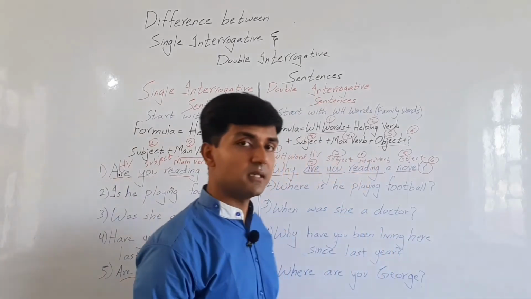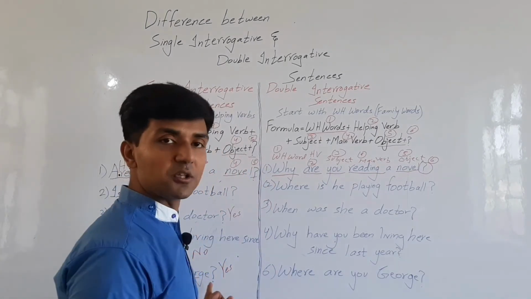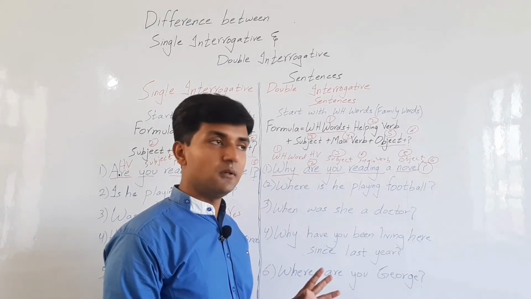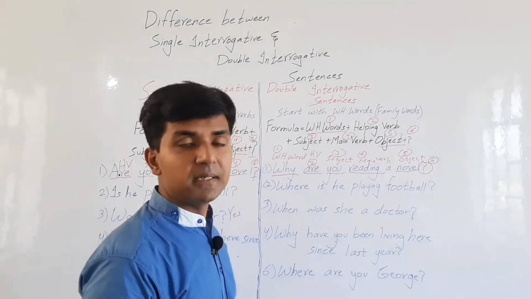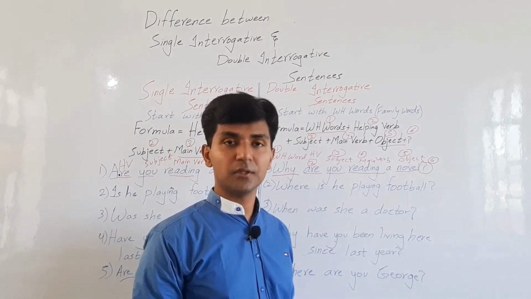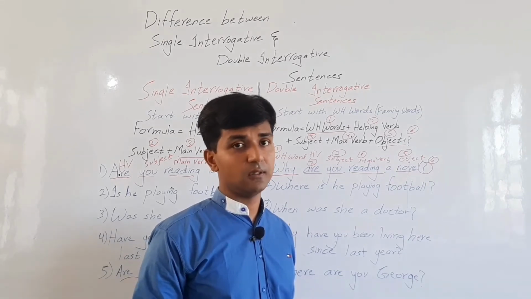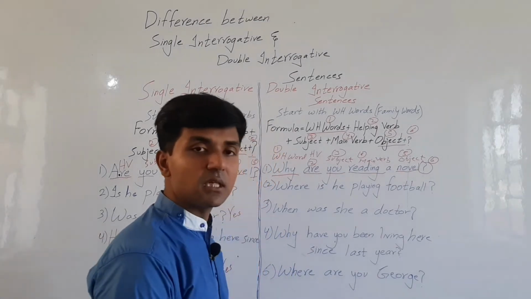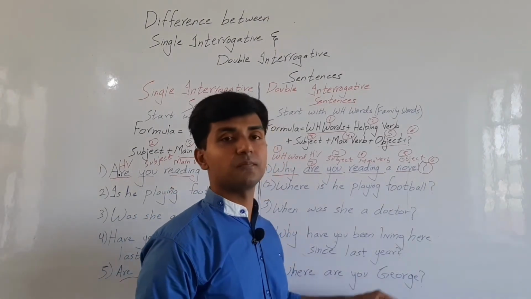So dear friends, there is another example. Are you George? If I ask my friend George, if his name is really George, he will say yes. But if I ask George, are you Sam? He will say no, and he can only answer me in no or yes. And how can we change it into a double interrogative sentence? Where are you, George?